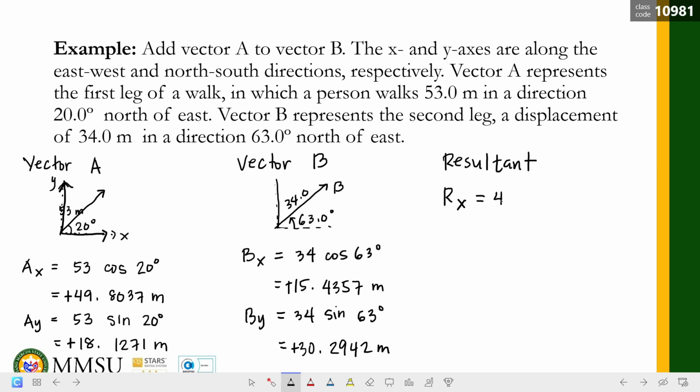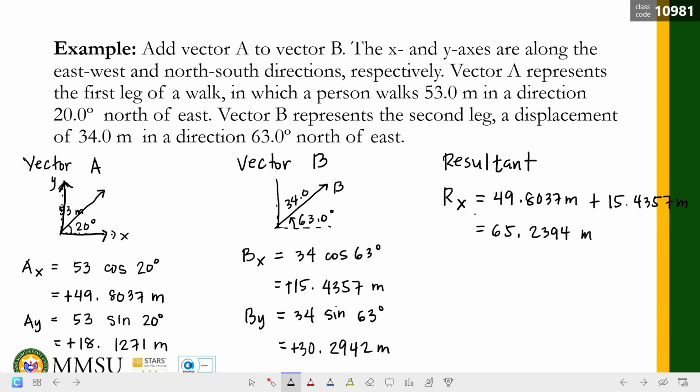So, we just add 49.8037 meters plus 15.4357 meters. 49.8037 plus 15.4357 is equal to 65.2394 meters.